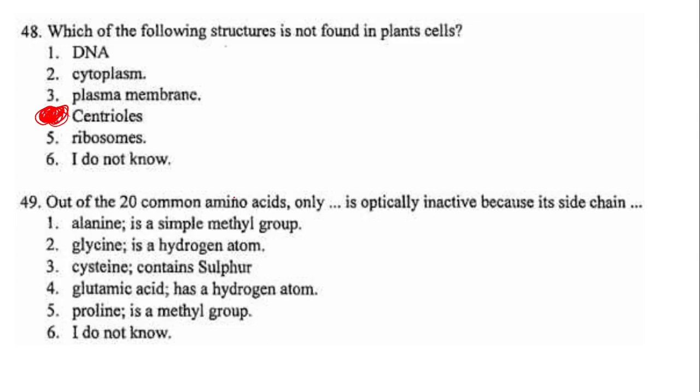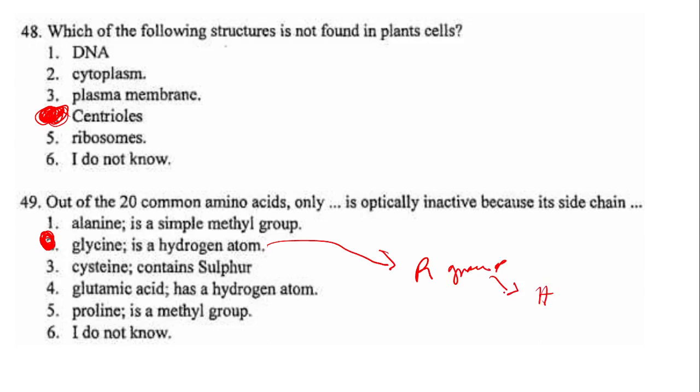Out of the 20 amino acids, only dash is optically inactive because it contains dash. So the answer to this one is 2, which is glycine, because of the hydrogen. So where there is the R group in glycine, in glycine, you have what? You have hydrogen.